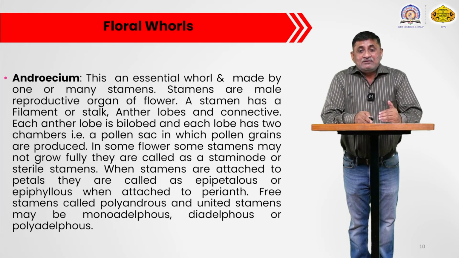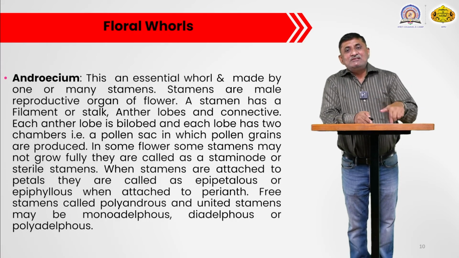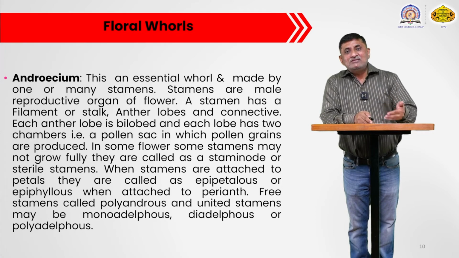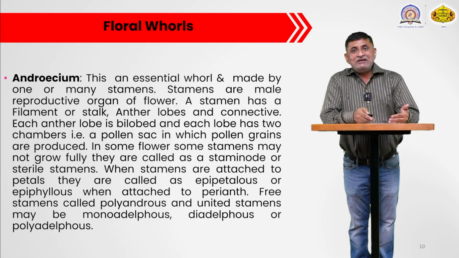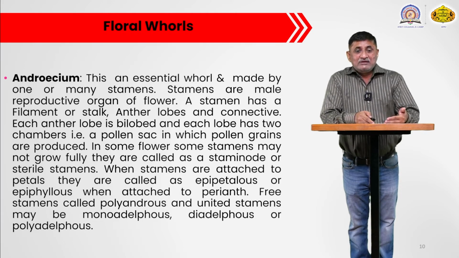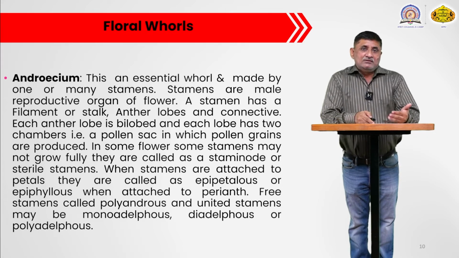When stamens remain attached to the petals at the base with the help of the filament, they are called epipetalous stamens. If they are not attached, then they are free.